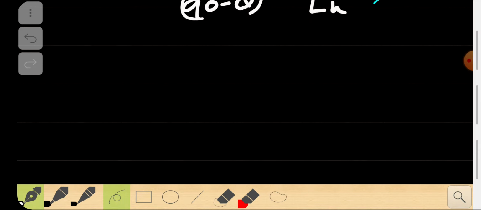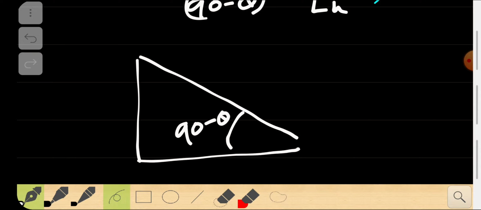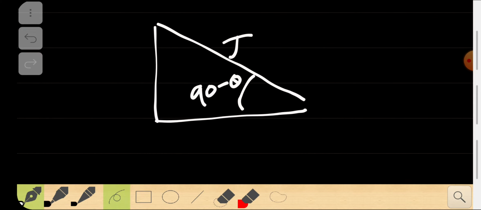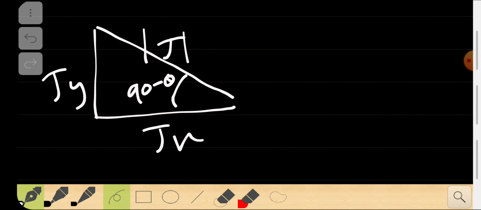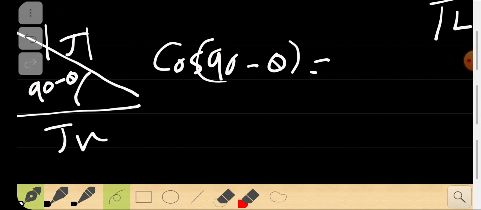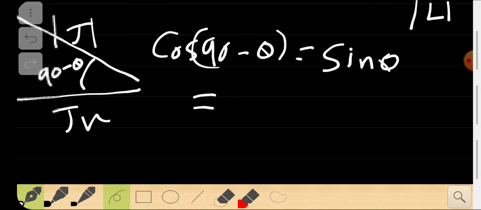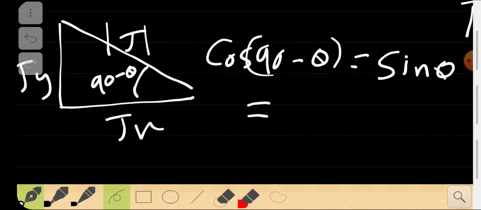Let's redraw it as an easier one. This is 90 minus theta, this is j, magnitude of j, and this is jx and jy. Now cos of 90 minus theta is trigonometrically sin theta. So this will be adjacent by hypotenuse, which is jx by magnitude of j.